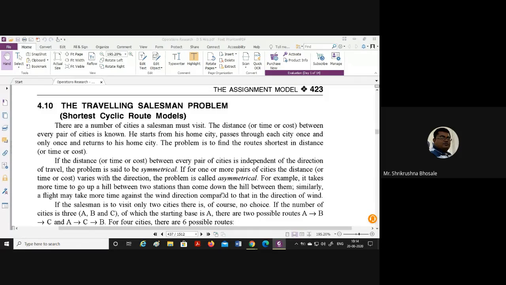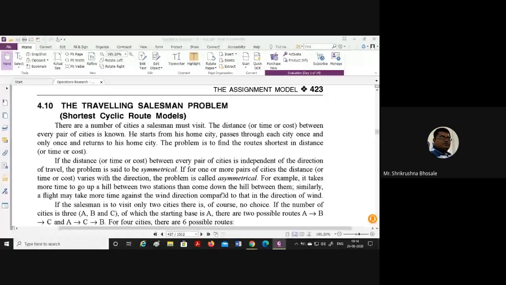And there is one more condition: to each city he should visit only once. Means he should travel from Pandharpur to Barshi, then Barshi to Solapur, or Barshi to Mohol. From Solapur he should not go to Barshi again. Pandharpur to Barshi, Barshi to Mohol, he should not go from Mohol to Barshi again, he visits one time. That is the important thing.